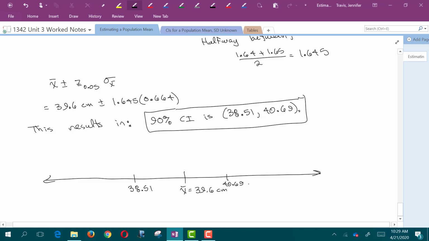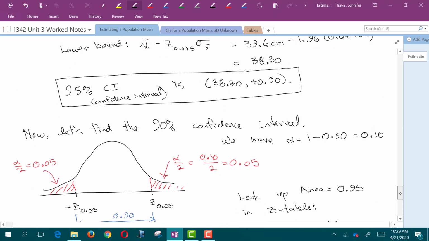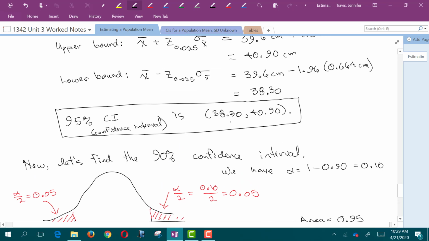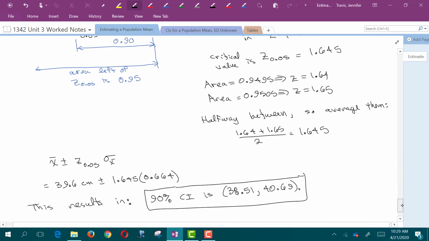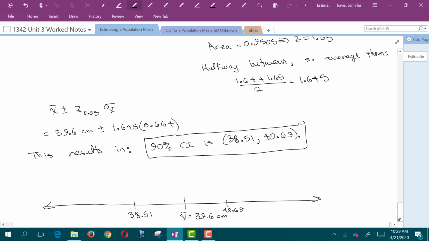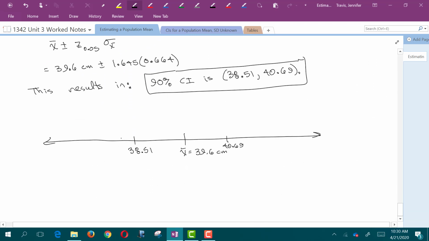Okay, so let's now go look at my 95% confidence interval that I already got. Let's scroll back. So where is that? 38.3 and 40.9. So let's see where those fit on here. So 38.3 is going to be further out, right? So this is 38.3. And then my 40.9 is going to be also further out, right?